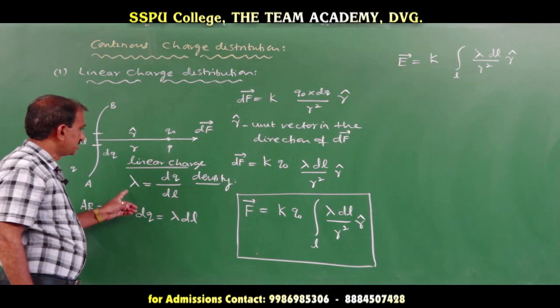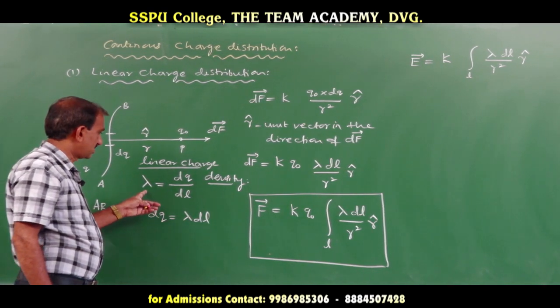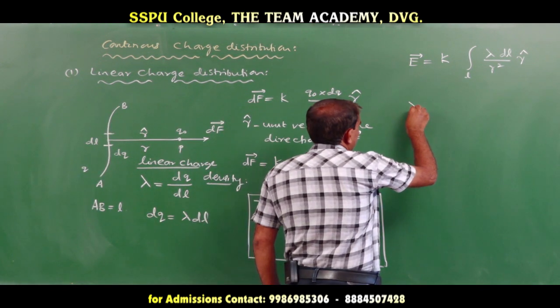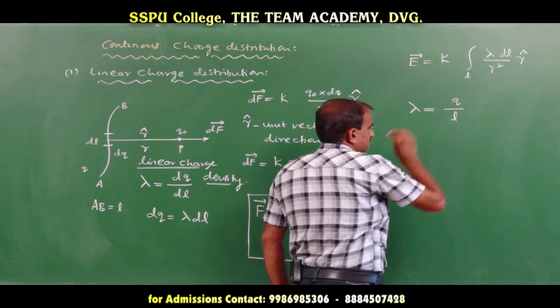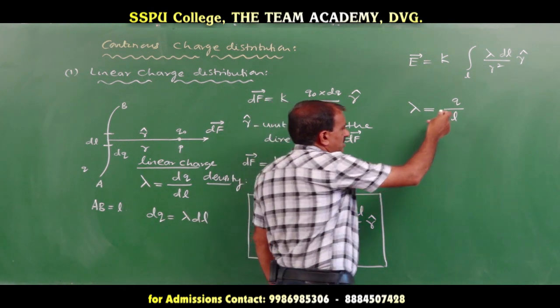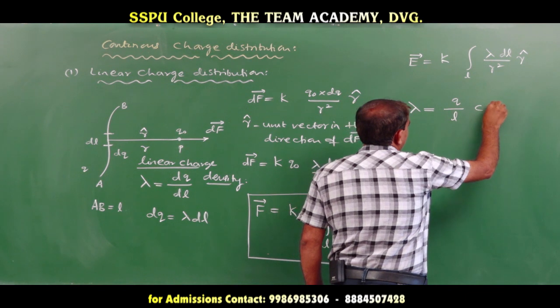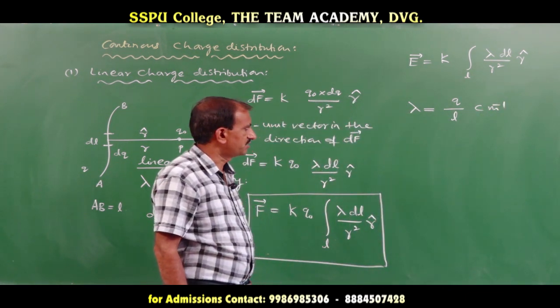The linear charge density is defined as lambda equal to dq by dl, or charge per unit length. Its SI unit is coulomb per meter.